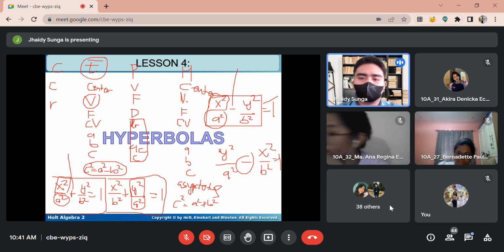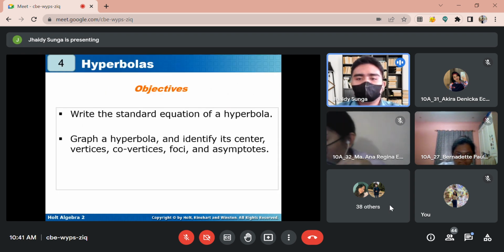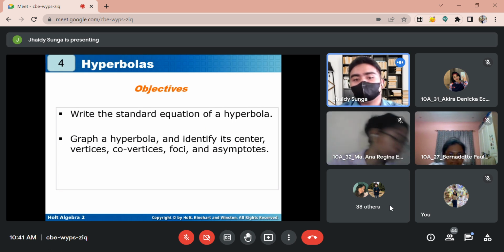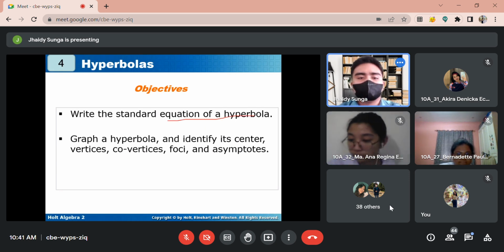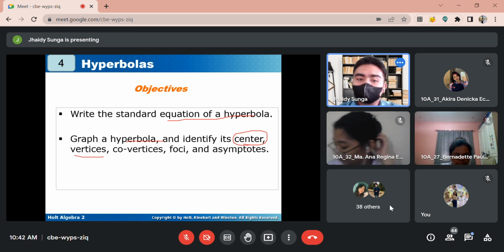So let's continue. Once again, the objectives of this lesson are to write the standard equation of a hyperbola, and to graph a hyperbola and identify its center, vertices, co-vertices, foci, and asymptotes.